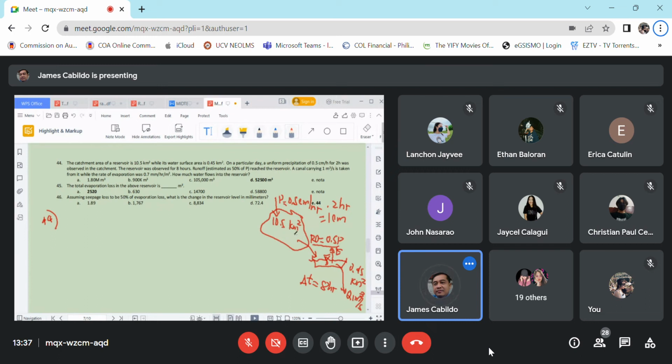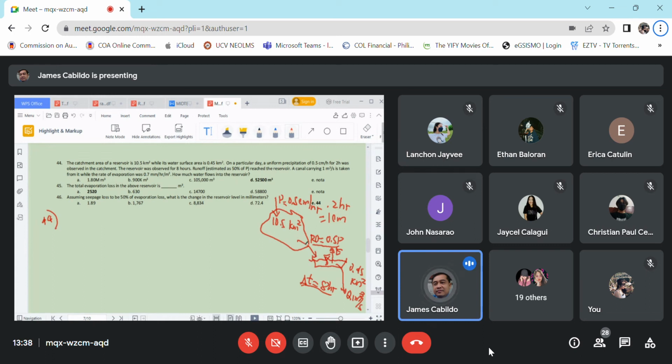Tapos, may runoff na 0.5 P na nadagdag galing sa watershed dito sa ating reservoir. Pero yung reservoir, meron ding evaporation at saka meron ding kinukuhang tubig na 1 cubic meter per second. Ang observation time sa reservoir ay 8 hours. Okay? So, ang unang tanong, how much water flows into the reservoir?